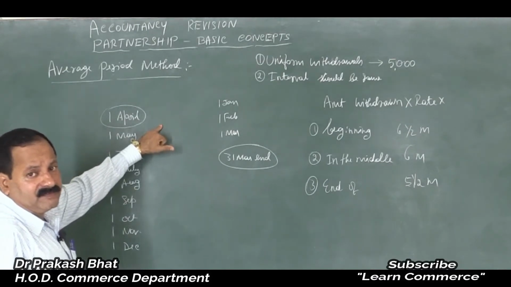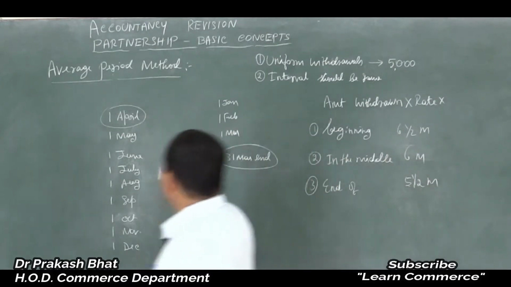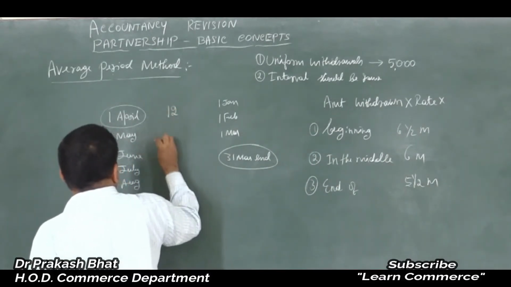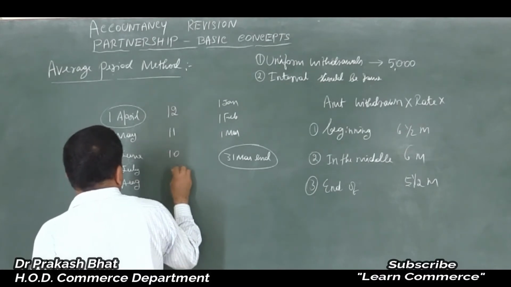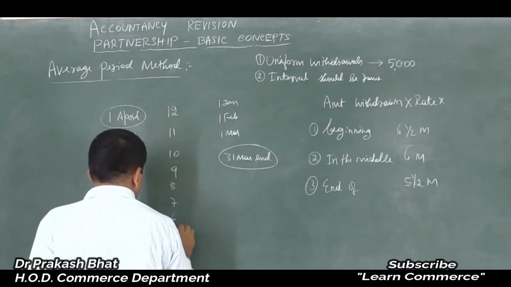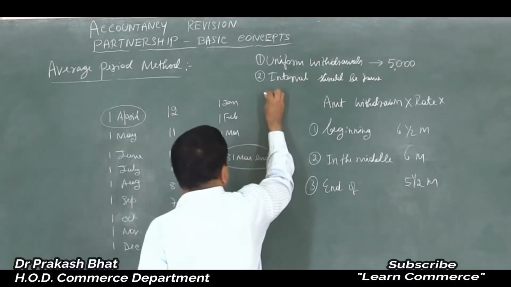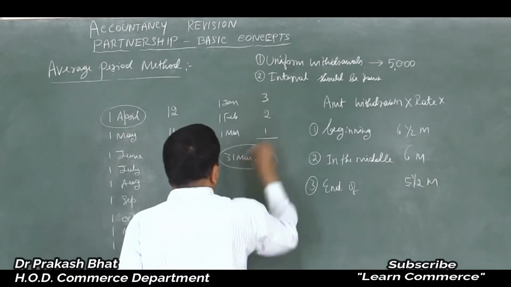Am I correct? 1st April to 31st March of the next year, there is a time gap of 12 months. Here how many months? 11 months, 10 months, 9, 8, 7, 6, 5, 4, 3, 2 and 1, right?